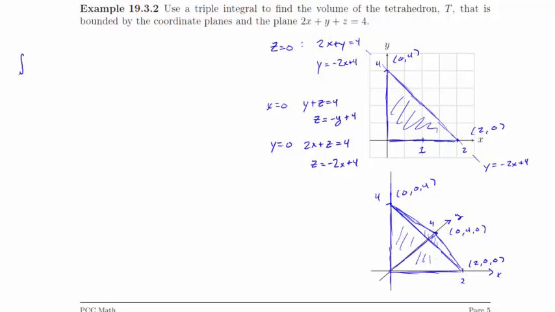Let's do x direction last. So in the x direction, looking at the xy plane, we're going to go from when x is 0 to x is 2. In the y direction, we're going to go from y is 0 to my y upper bound is negative 2x plus 4.